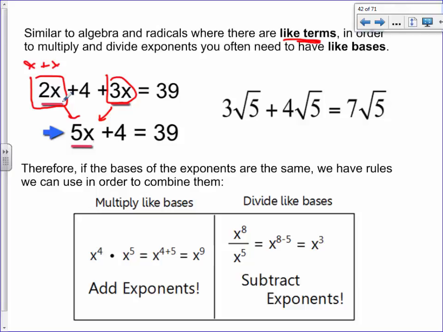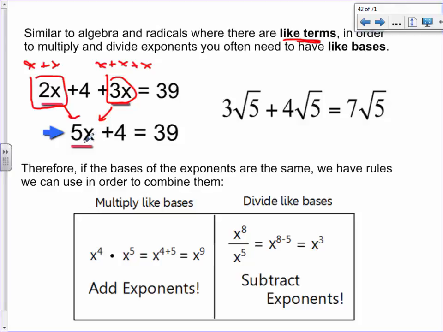You have 2 x's added to each other. What does this 3x right here mean? Well, it means you have x plus x plus x. You have 3 x's. Again, though, added to each other. Not multiplied, but added. So 2 and 3 is 5, right? Because you have 1, 2, 3, 4, 5 x's all being added to each other.